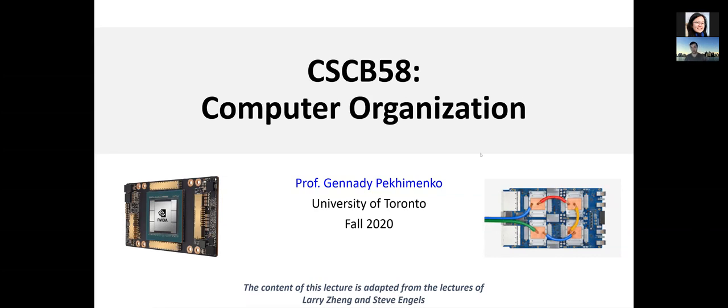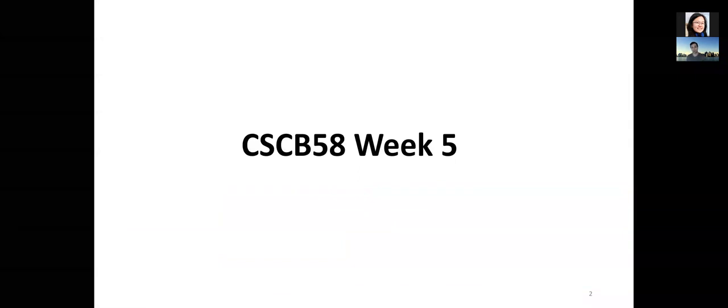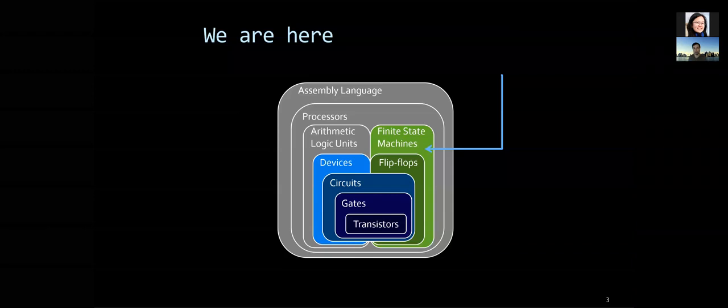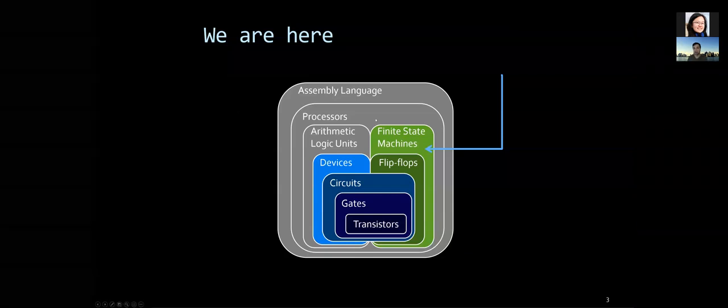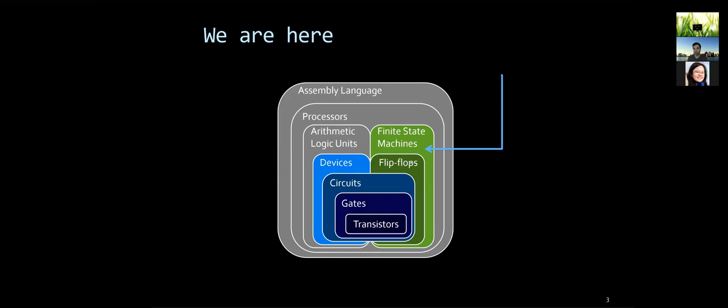Okay, so let's start. We're in week 5 right now, just before the reading week. What are we going to cover today? As you remember, in the last lecture I spent a lot of time on flip-flops.